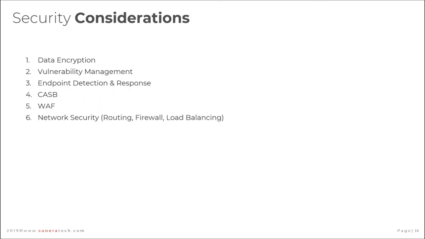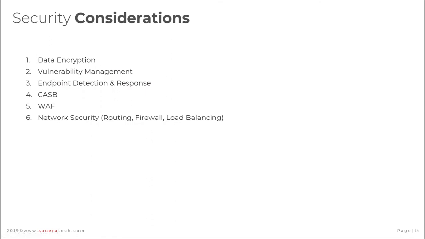But what most customers do is add their own layers of security on top of that. The key one is data encryption, making sure all your data is encrypted at rest and in flight. And when you have data encryption, you can store your keys in cloud or on-prem. Next is vulnerability management, which is your ability to handle exposures.